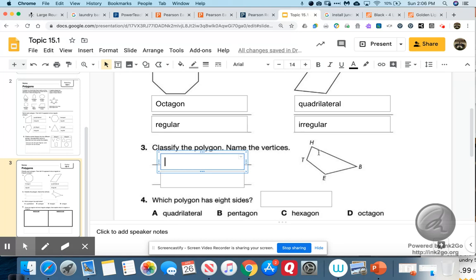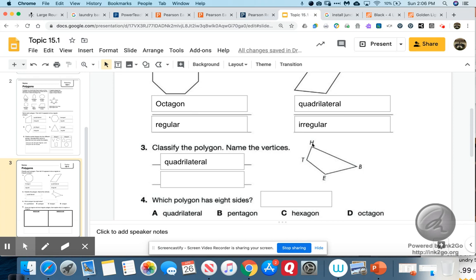And then this one, let's classify the polygon: 1, 2, 3, 4. So it is a 4-sided figure, which is a quadrilateral. Now name the vertices. They didn't talk about that in the last one, but where two lines come together is a vertex.